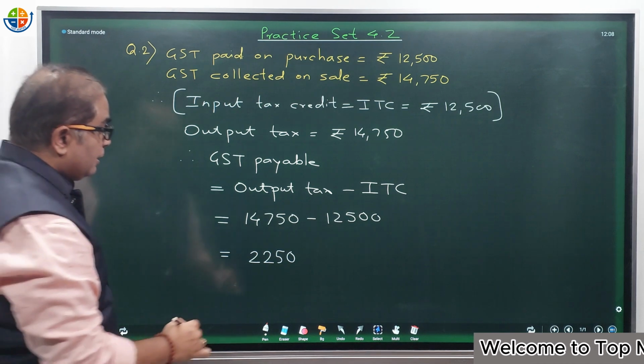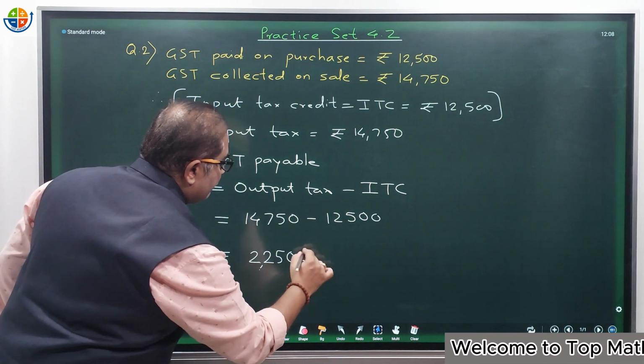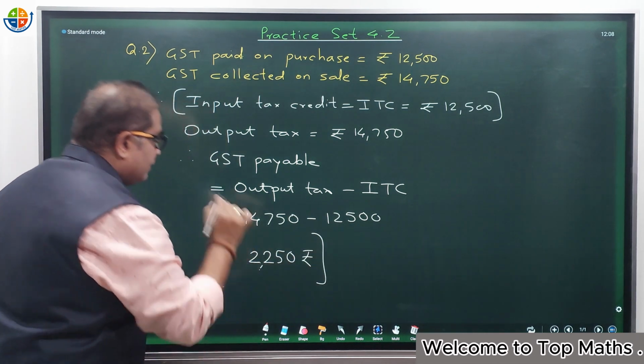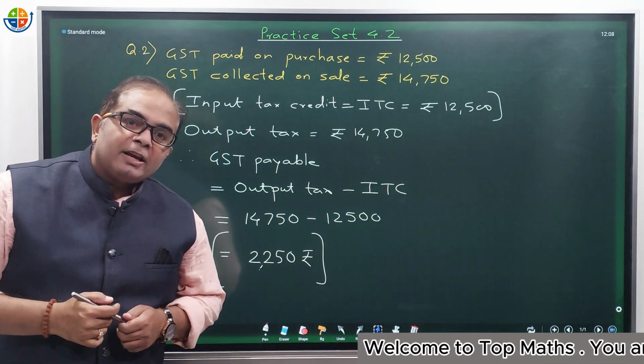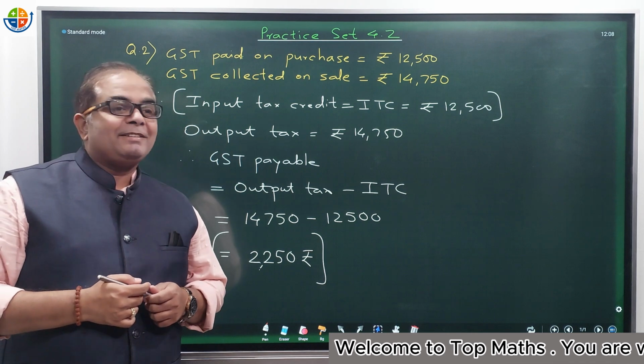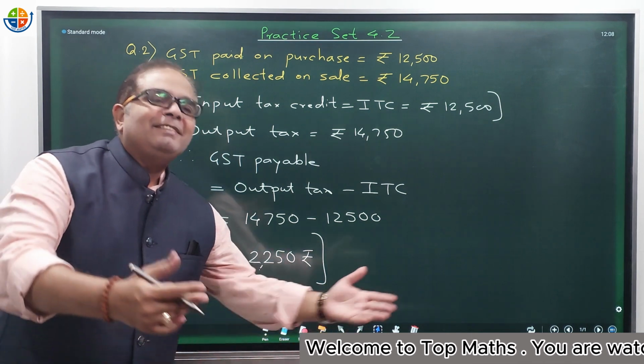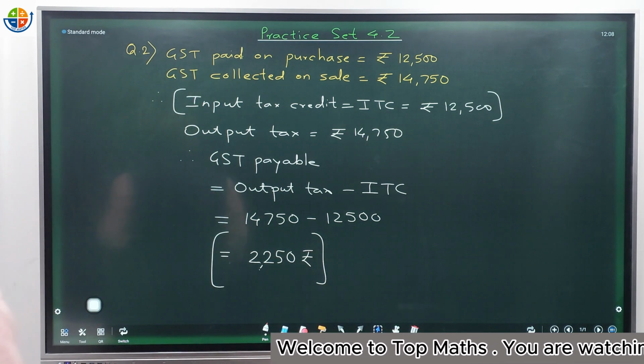So how much is it? 2,250 rupees. This is the net GST payable by Nazma. है ना? इजी. अच्छी तरीके से करना है. बेस्ट ऑफ लक एंड थैंक यू.